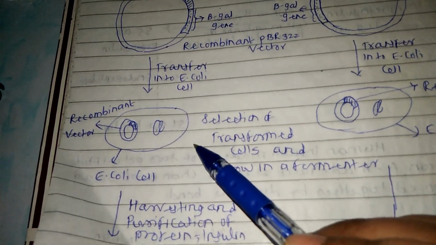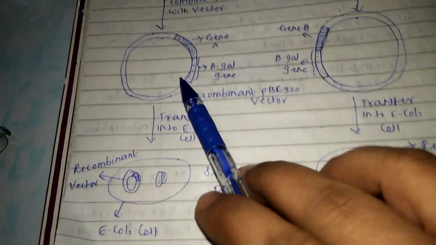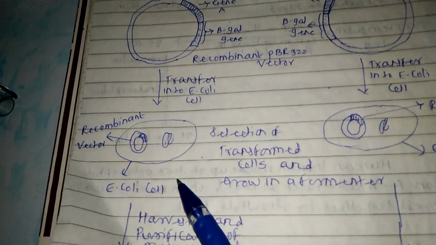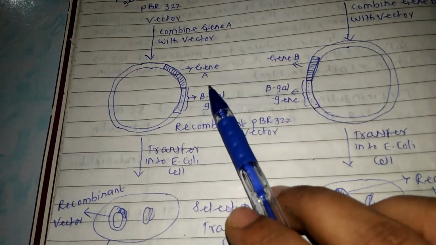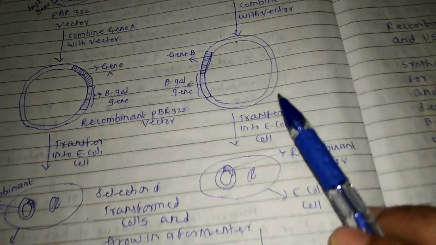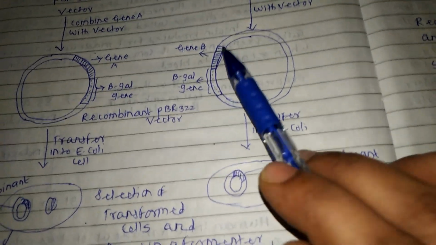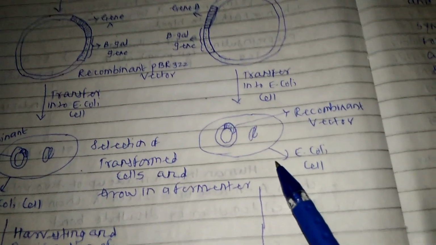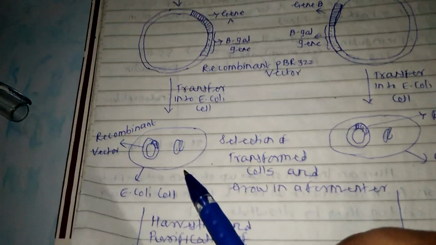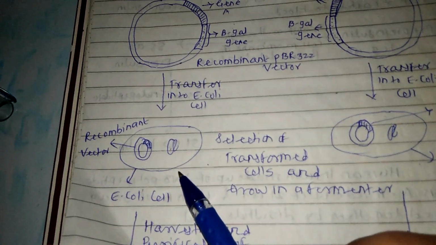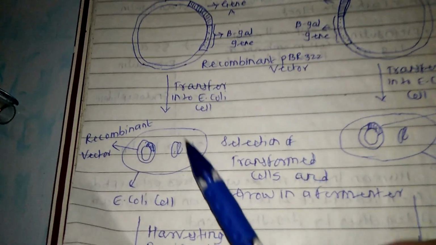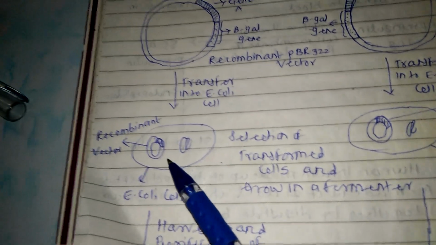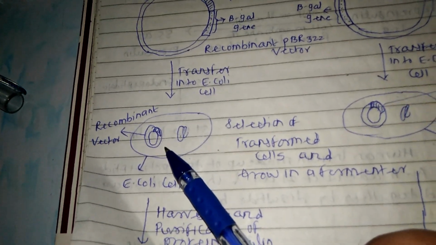The first recombinant vector having gene A and the second recombinant vector having gene B are separately transferred into separate bacterial cells. And then after that, again you know the selection process, we require the transformed cells. Transformed cells means the cells having the recombinant vector.